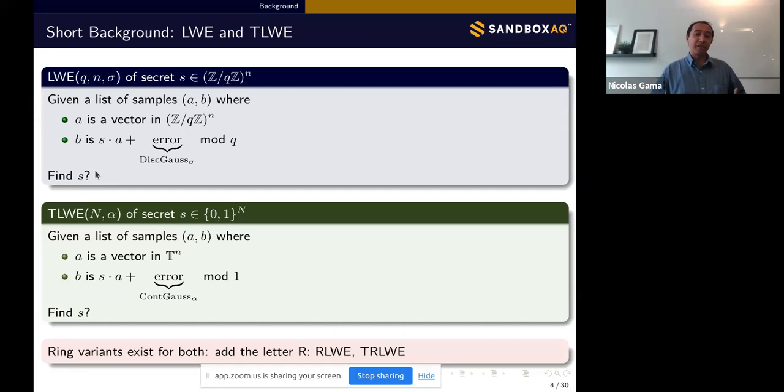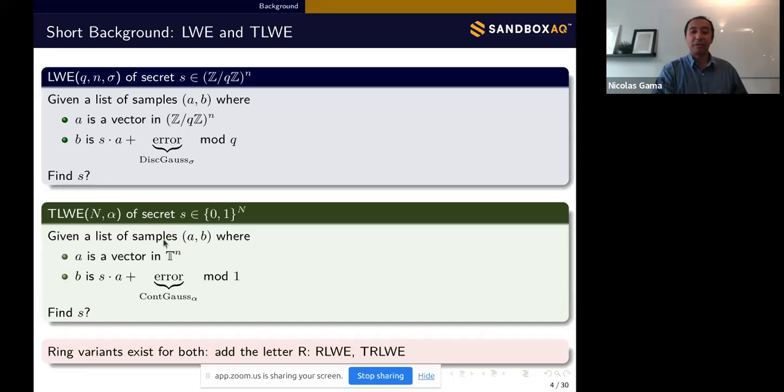The torus version of the same problem is basically the same rescaled modulo 1 over the real numbers. It's like if we divide everything by Q and we even forget about Q. So we work on the continuous torus, that is every fractional part of real numbers.